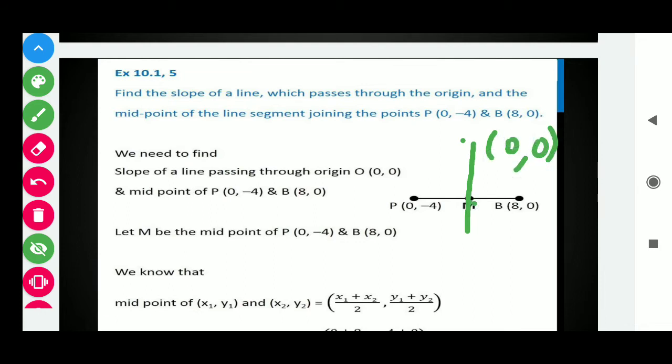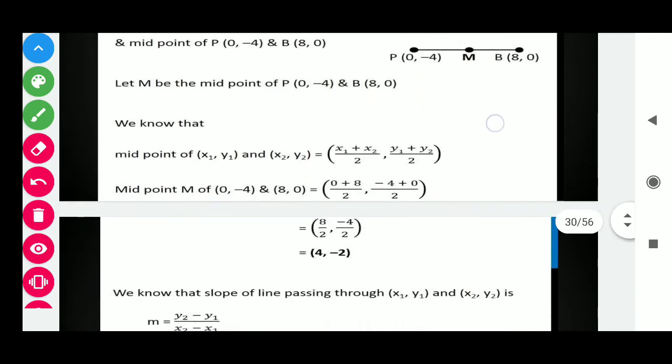By using the midpoint formula, x1 plus x2 divided by 2, y1 plus y2 divided by 2, put the values of x1, x2, y1, y2. We get 0 plus 8 over 2, minus 4 plus 0 over 2. In this way, the midpoint becomes 4, minus 2.